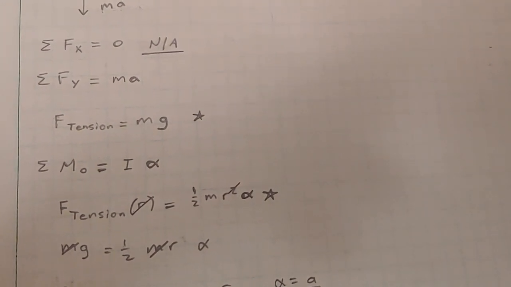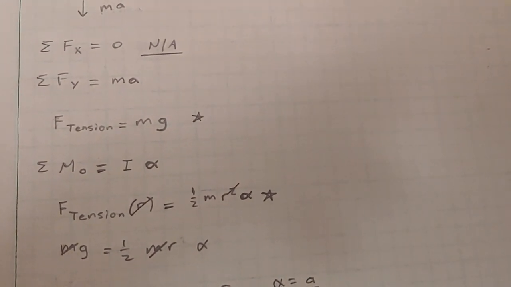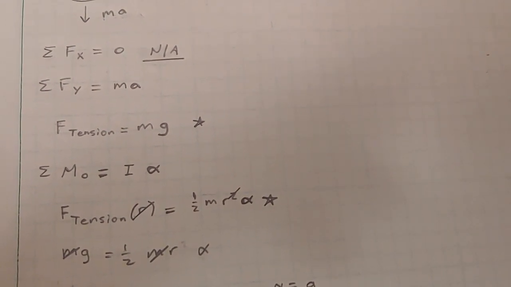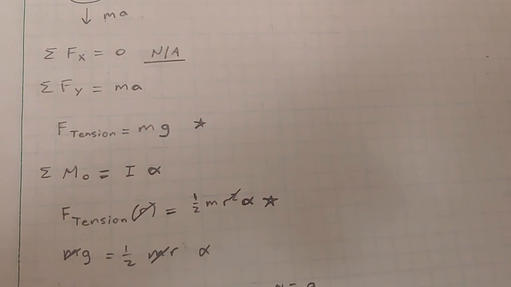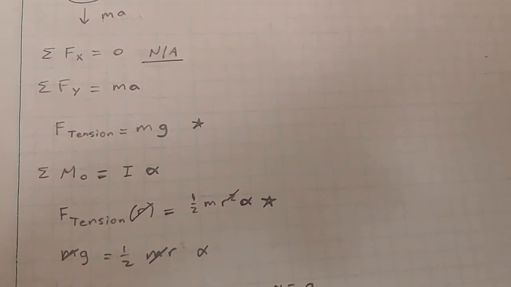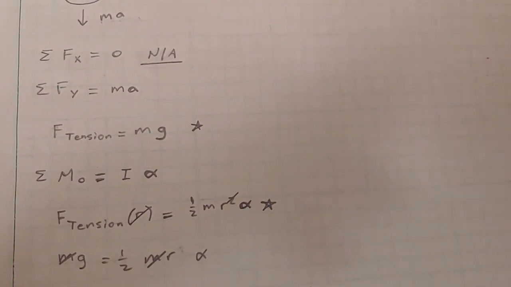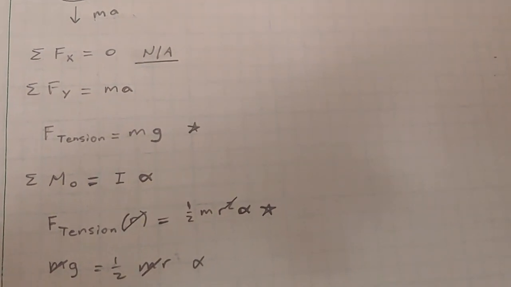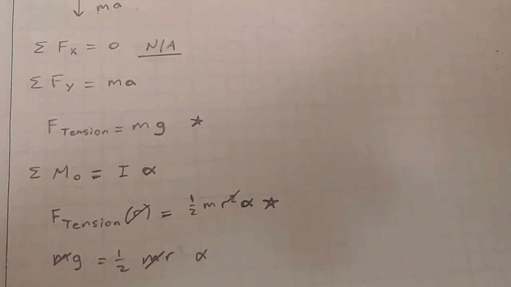In this equation down here on the bottom, we are going to cancel out the masses, which makes sense because the mass was present in the inertia equation, and so we just needed the mass to simplify the equation from above to give us our 1/2 r alpha.